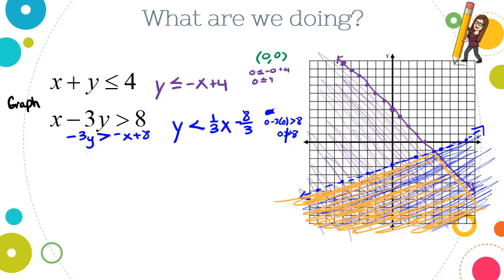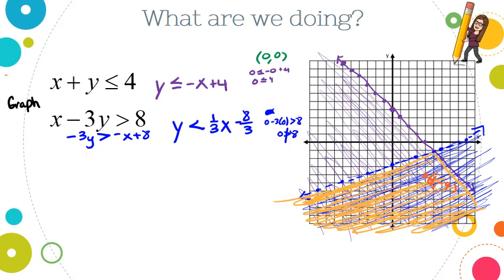Now, if I wanted to check my solution and make sure that I'm right, I could pick a point within that double shaded region, and it should be true for both inequalities. So I'm just going to do a quick check here. This point would be 4, -4. So if I plug that in, it should be true in both inequalities.